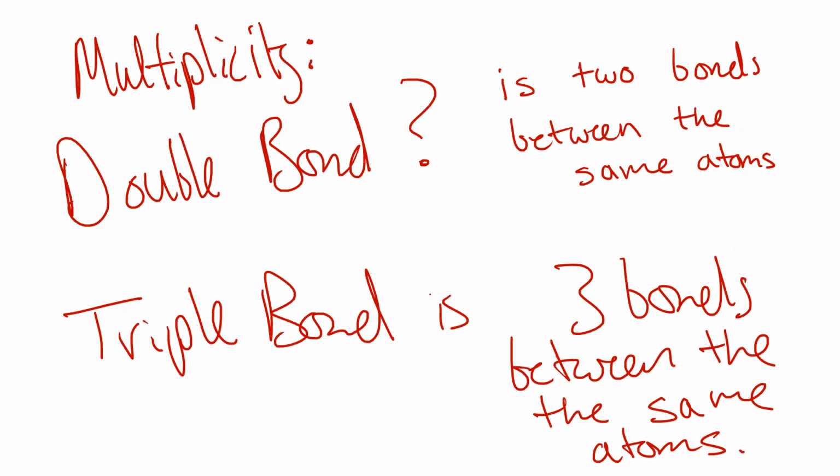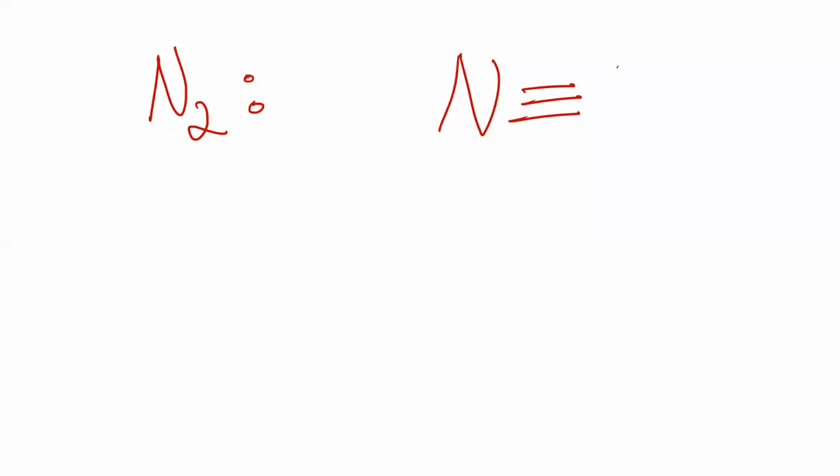Okay. A couple of examples of this. Rather than explaining how to do the Lewis structures, I'm just going to show them to you right now. Diatomic nitrogen is incredibly stable because it contains a triple bond. Okay.